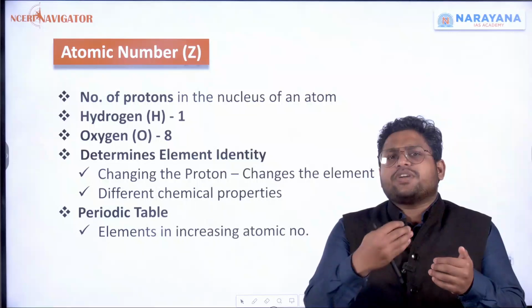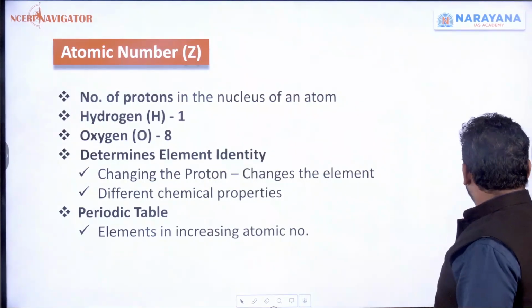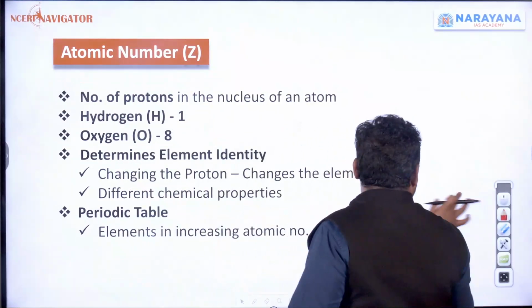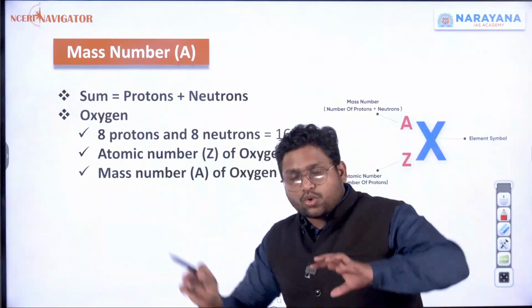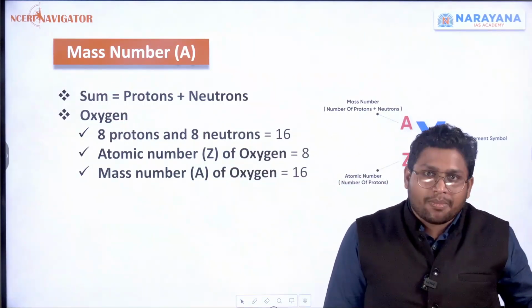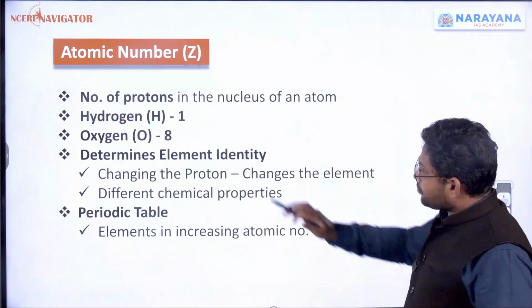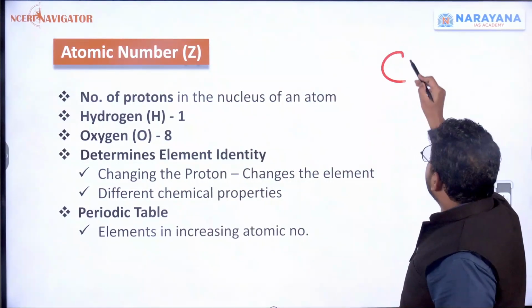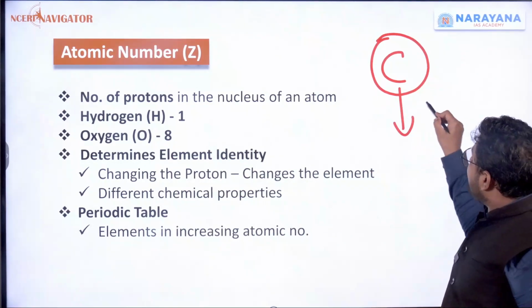Now, further, we are moving towards the periodic table. There is one concept called atomic number, and another called mass number. You should know what atomic number and mass number are. First of all, when you are looking at any atom, let's say I have taken carbon.